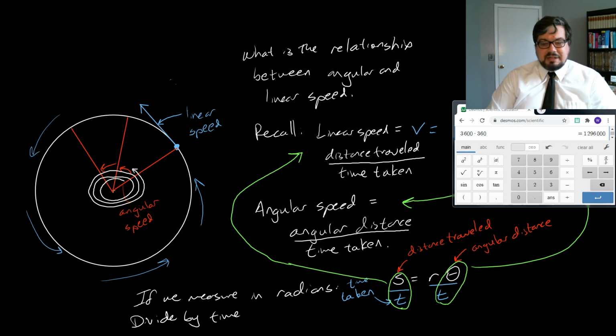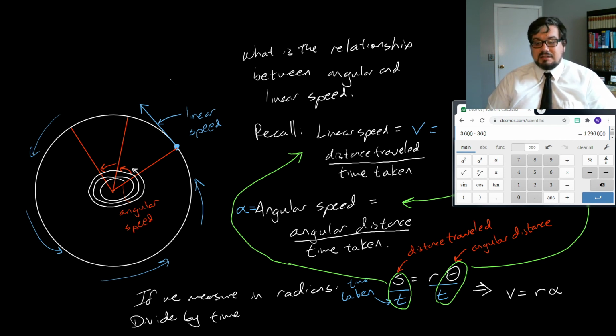And the angular speed will often use the Greek symbol alpha for angular. And so what this means is that we have another equation which says that v equals r alpha, where v is the linear speed of an object, alpha is the angular speed of that object, and r is the radius of the circle that that object is traveling around.